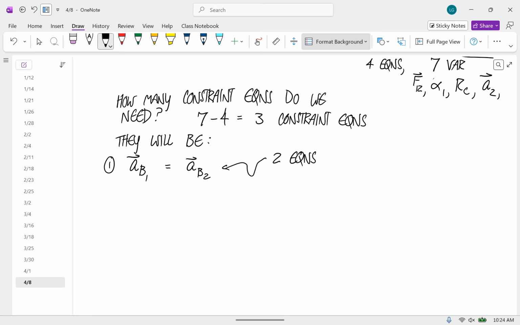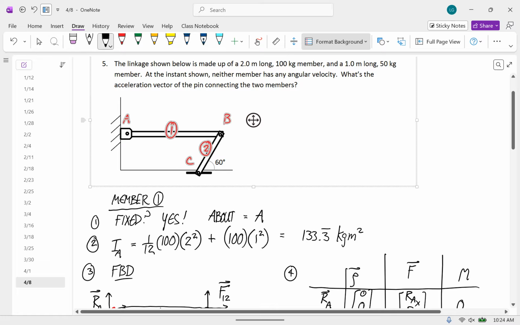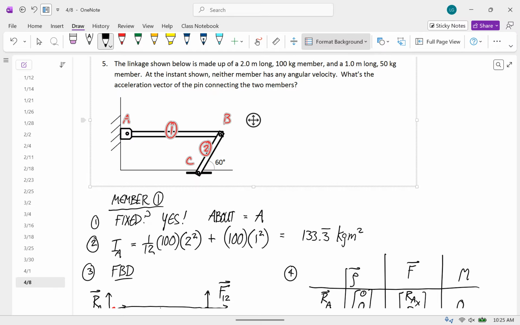So now we need one more constraint equation. Let's think about where that'll come from. Well, this point C on body 2 can accelerate left and right. So we have nothing to say about the horizontal acceleration, but it can't accelerate at all up and down. That slot won't let it. Are you with me on that?